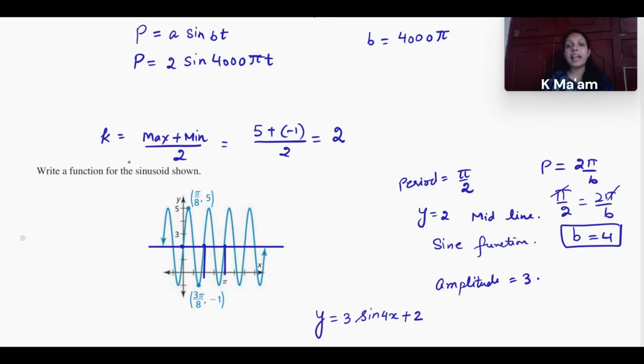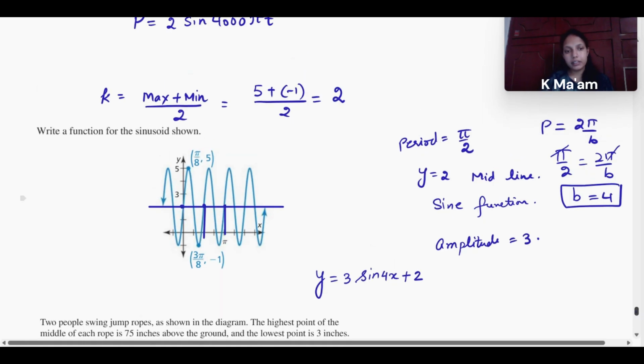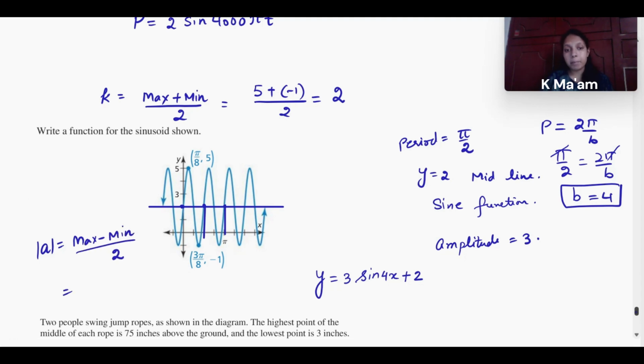And how to find the amplitude? The absolute value of a equals maximum minus minimum over 2. Maximum is 5 minus minimum is negative 1, over 2. So it's 6 by 2, which is 3.